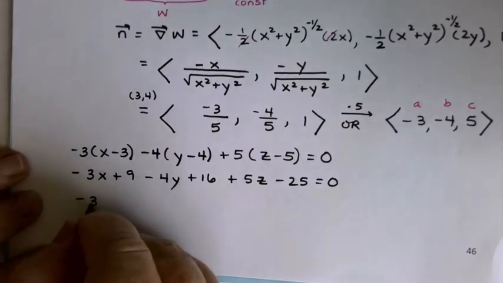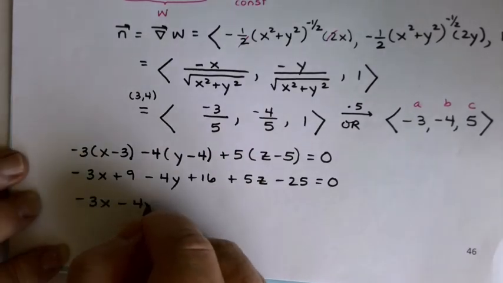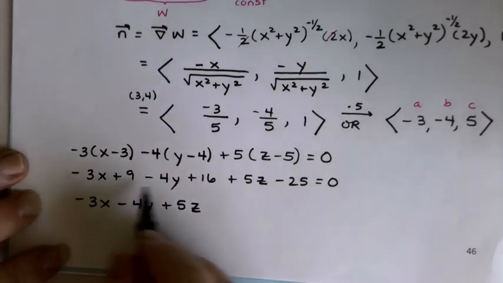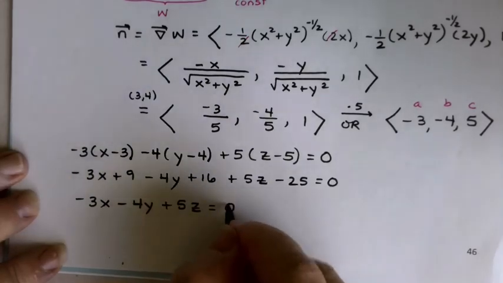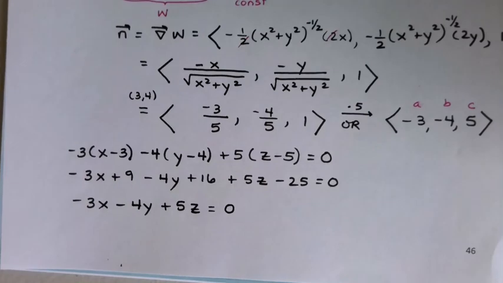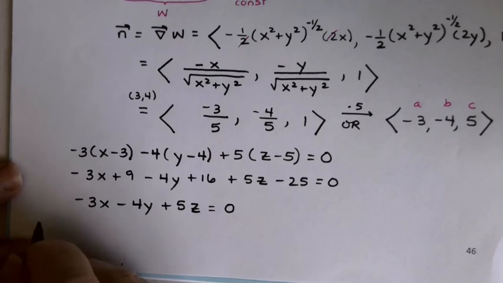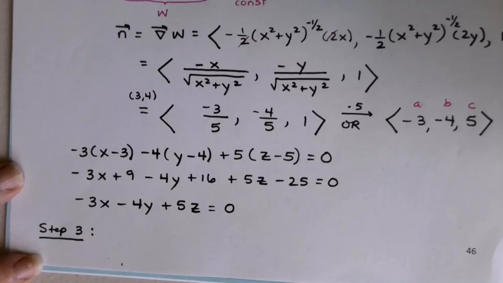And it looks like I've got negative 3x minus 4y plus 5z, and that's just going to equal 0. All my other constants cancel out. So there's my tangent plane. And then my last step is to actually do the approximation.